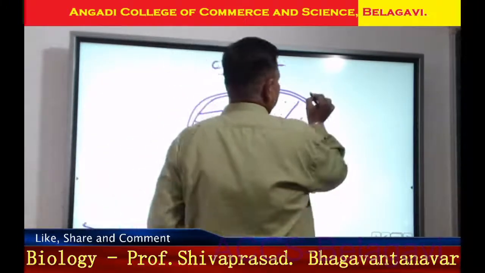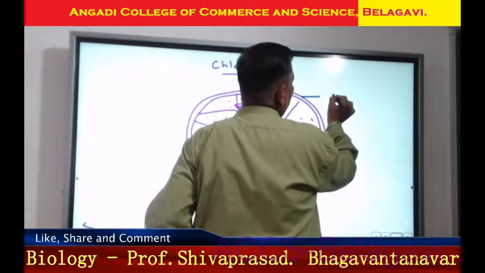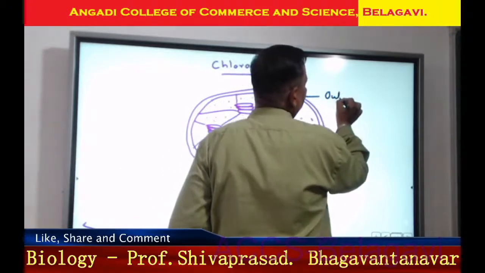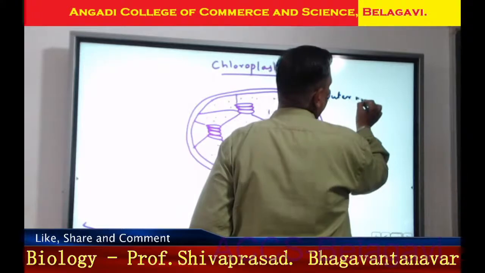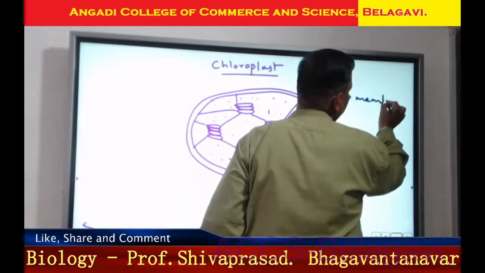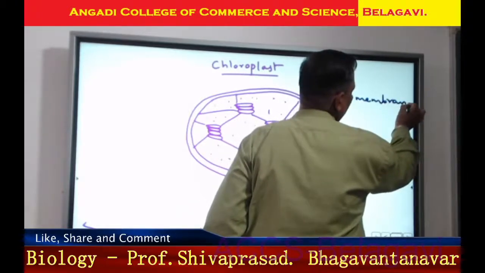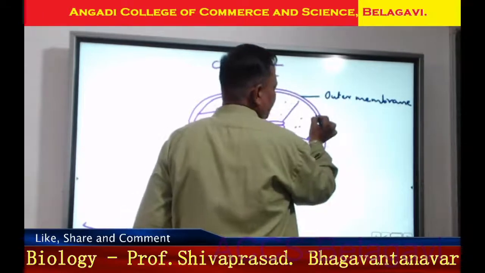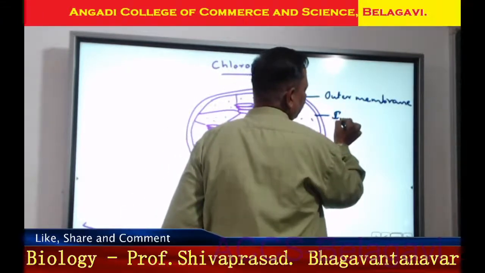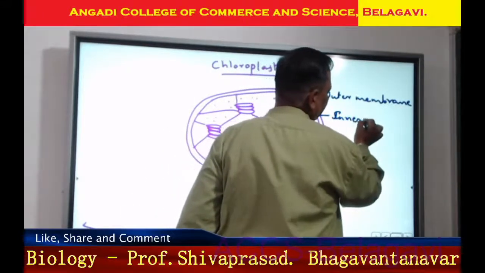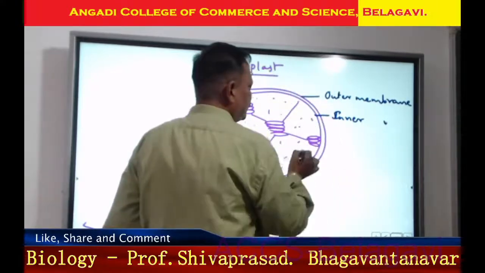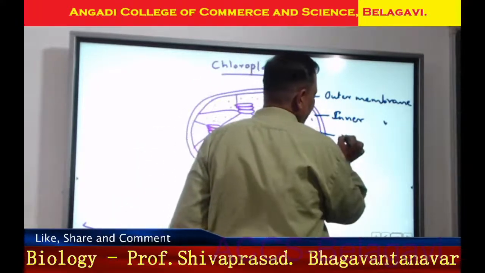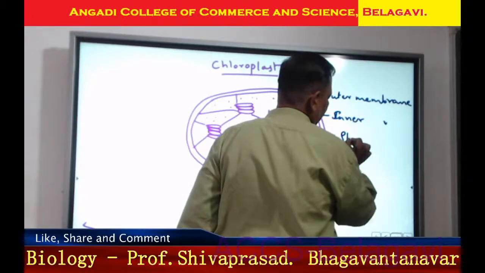Now see to it. This is called the outer membrane. And next one is the inner membrane. Then here we call it the stroma.